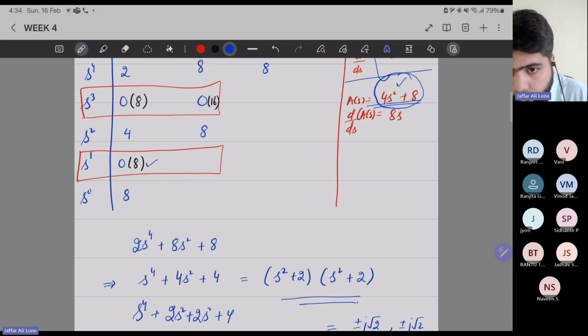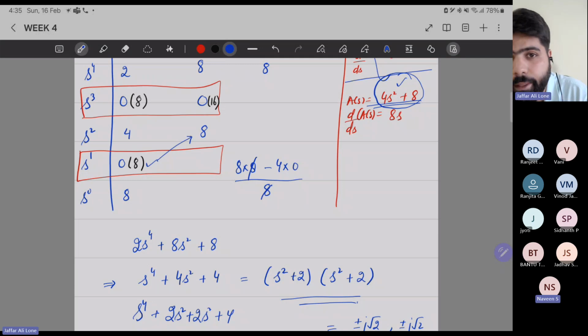How I got this 8? It is like this: 8 into 8 minus 4 into 0, divided by 8. This 8 you have to divide as well. So this and this will vanish. You'll get 8.